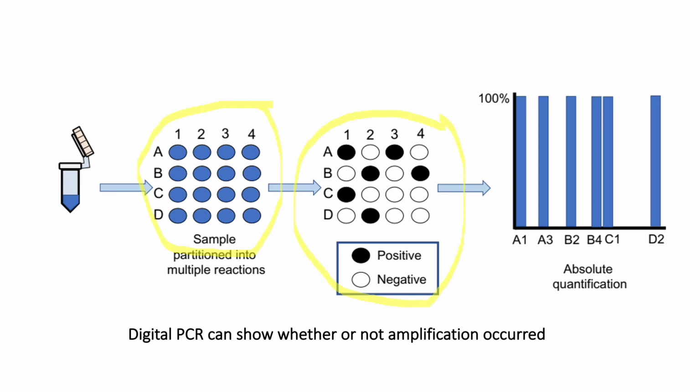Imagine, positive to, well number 1, positive tong nasa B number 2, B number 3, positive din. Ang galing, no? Tapos, pwede rin niyang i-quantify, bibigyan ka niya ng values. Ang galing ng digital PCR. I'm a fan, oh my gulay.